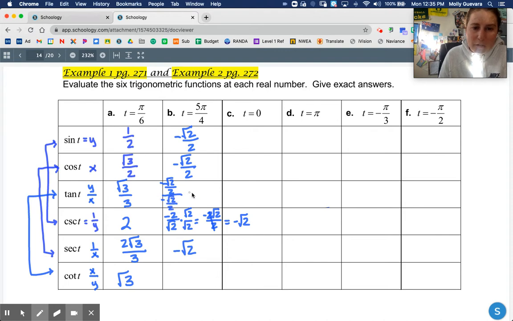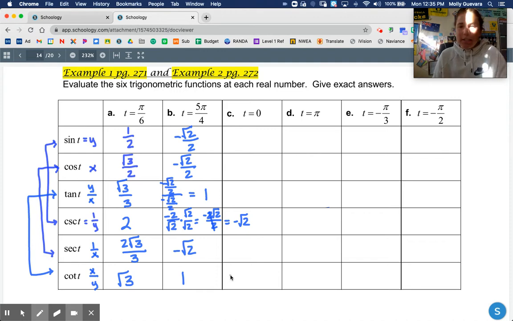Anything over itself is just 1, and because they're both negative, I get a positive 1. And for cotangent, the reciprocal of positive 1 is just positive 1. So there I was able to figure out the rest.